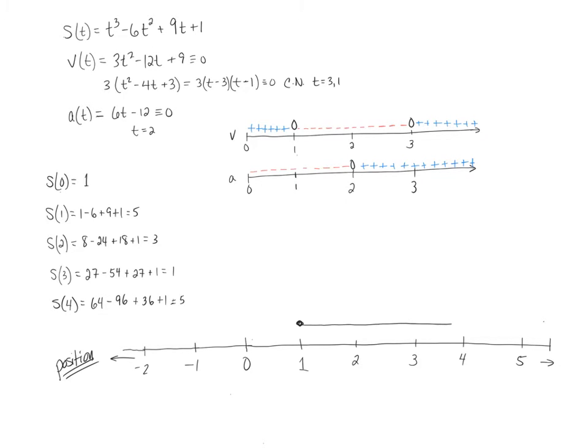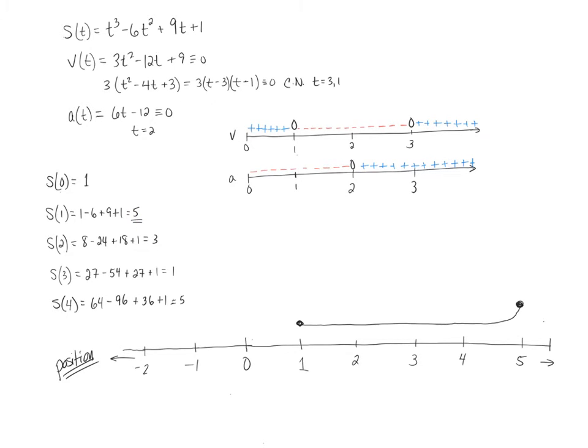So we're going to come around here and turn around when our object gets to position 5 right here after 1 second. And again, we know that's happening because the object moves to the right because the velocity is positive for 1 second. And we know at 1 second the object is at position 5.